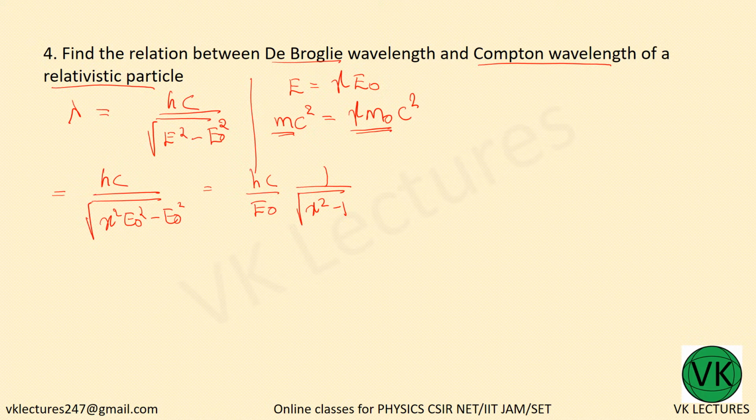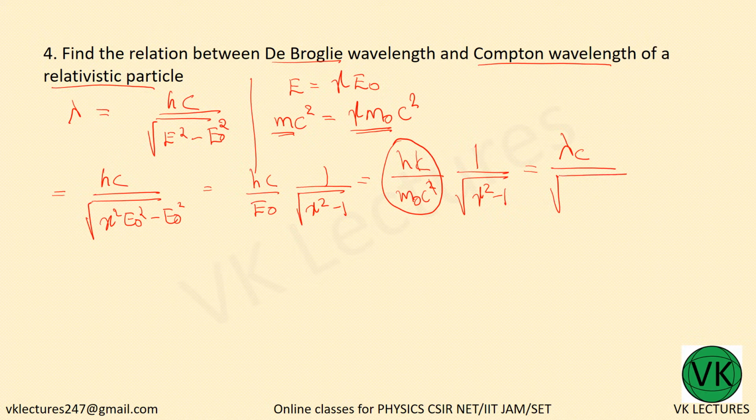So that is nothing but hc divided by m naught c square into 1 divided by under root gamma square minus 1. So c and c get cancelled. What is h by m naught c? This h by m naught c is nothing but our lambda c, which is the Compton wavelength. So lambda c divided by under root gamma square minus 1.